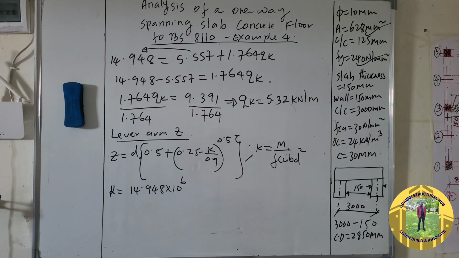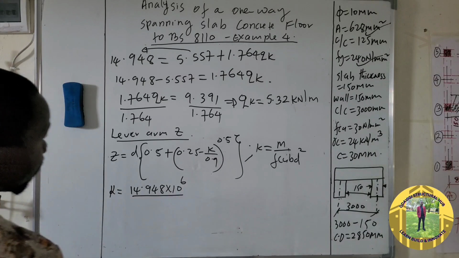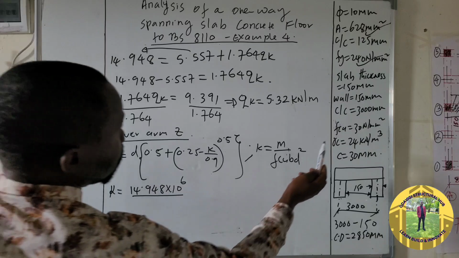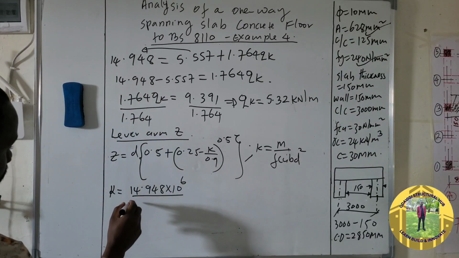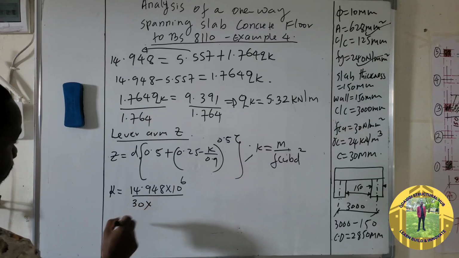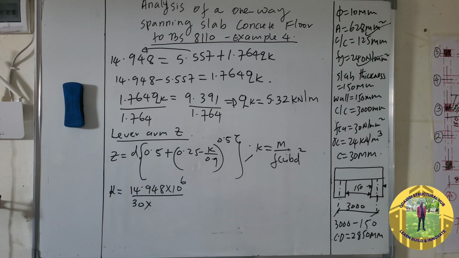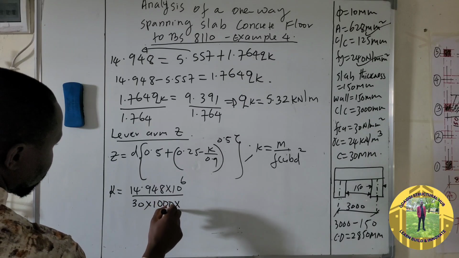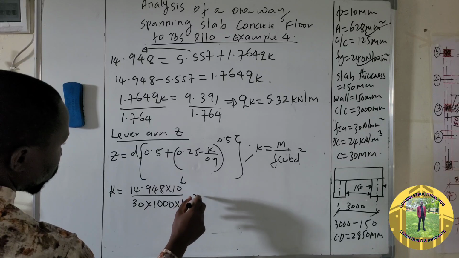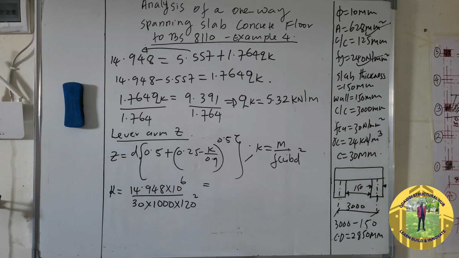You change it from kilonewton meter to Newton millimeter over FCU. FCU here is 30 times B. Remember, B is the 1 meter width of the slab. So this is 1,000 times D, 120 square.